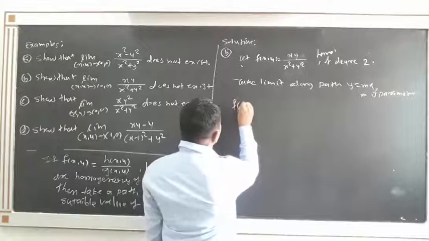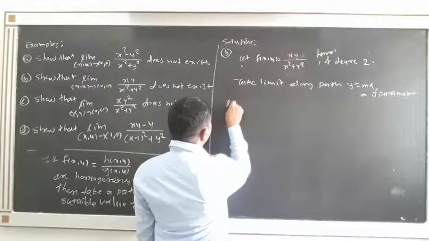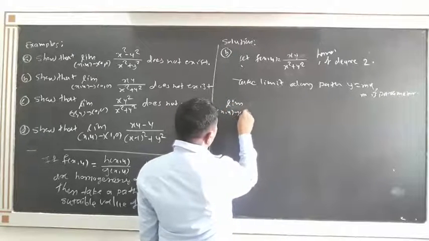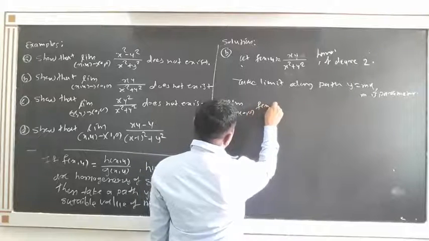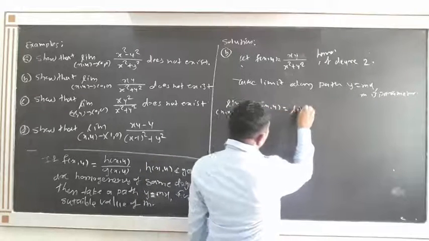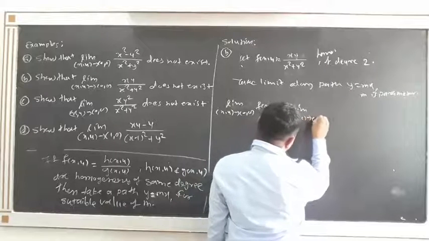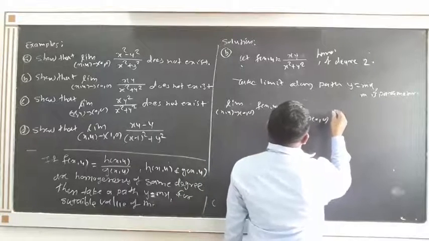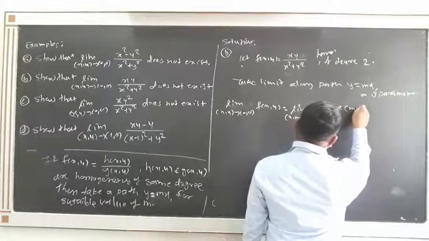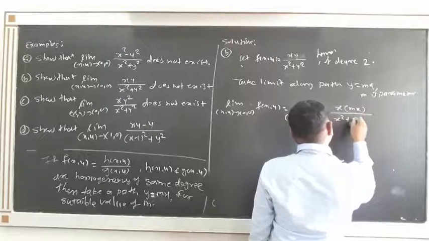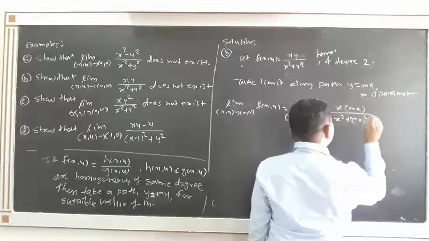So what we can say, limit xy tends to 0 0 f of xy is equal to limit x, mx tends to 0 0. What we can write here? x into mx upon x square plus mx square.